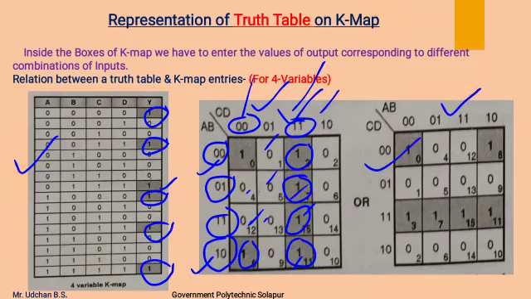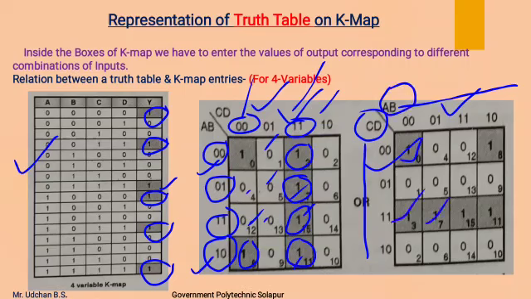This is another way to represent the output values in the Kmap, where the CD variables are taken vertically and the AB variables horizontally. As the positions of CD and AB are changed, the entries of output values also change as their positions change.